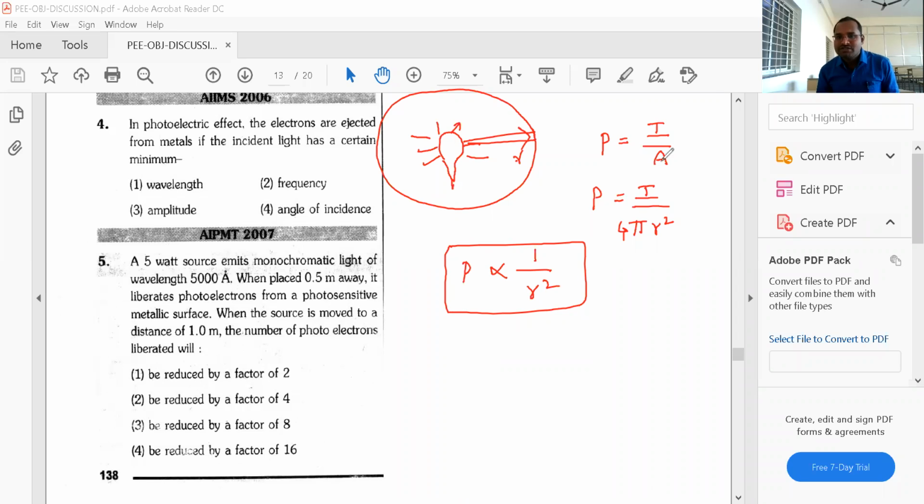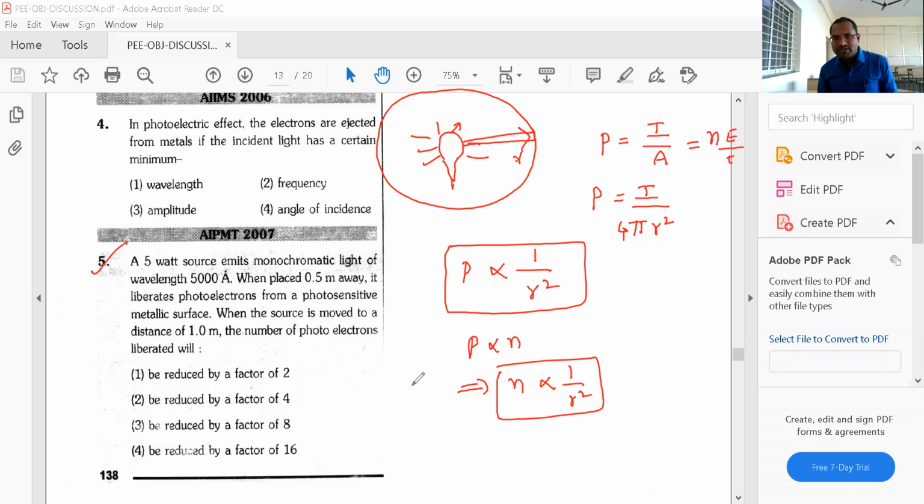And just now I have said that power is nothing but number of photons into energy upon time, so power is directly proportional to number of photons. That means number of photons is proportional to 1 by r square. We can get this relation to find the answer.